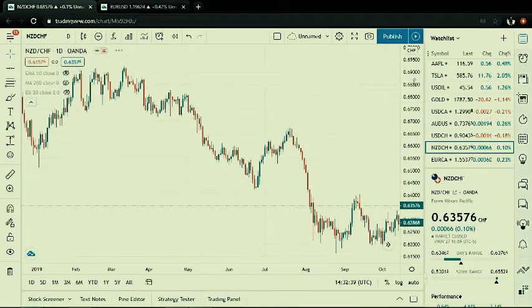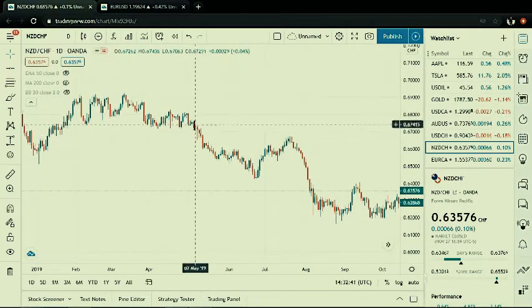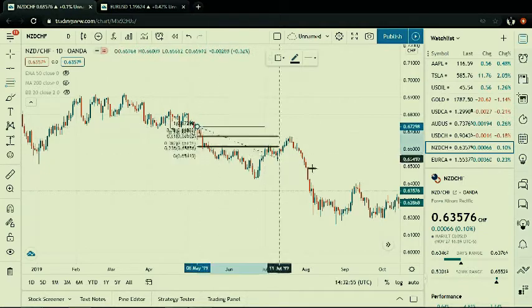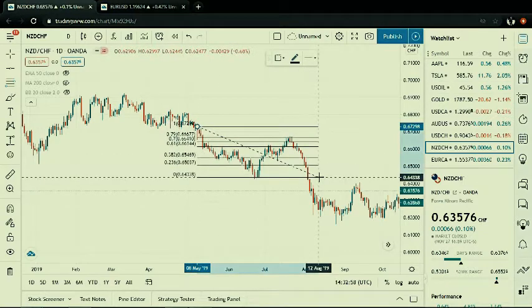So market started trending down at this point. Okay, this was a leg that broke through market structure. This was the old market structure. At this point, we knew that market was coming down. So if we wanted to draw our Fibs, we would start drawing Fibs from here, and then I will draw my Fibs down here.